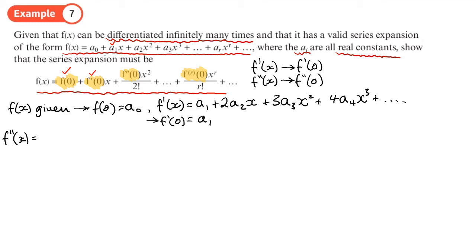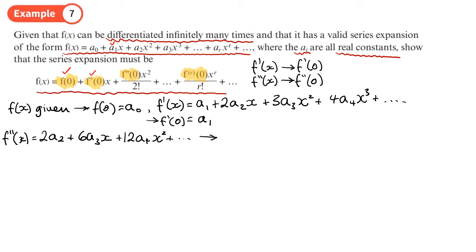So differentiating f dash of x, what we're going to get, well, the a1 disappears. We're left with 2a2 plus 6a3x plus 12a4x squared, and so on.